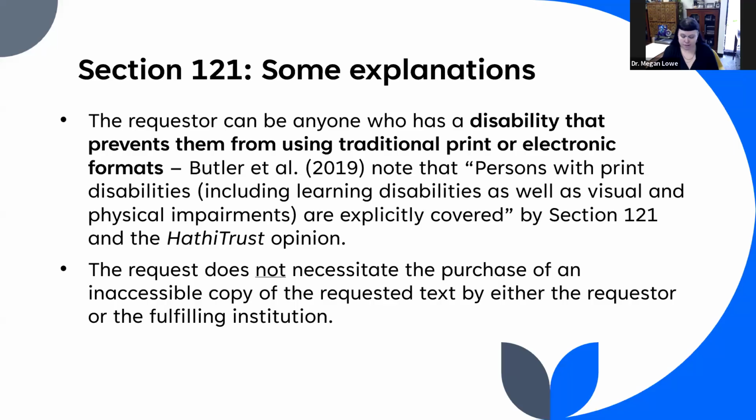The request does not necessitate the purchase of an inaccessible copy of the requested text by either the requester or the fulfilling institution. The language of Section 121 does not use the language of purchase, nor does it require that a copy be bought. In other words, a library could borrow a book from a lending library and use that copy to create an accessible copy.